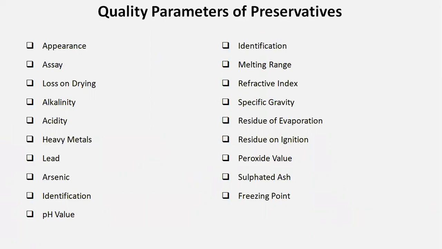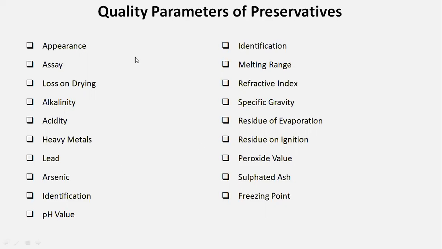The procedures to perform all these tests were already discussed in unit 2, and also in unit 4. Basically, these parameters are a combination of physical analysis, chemical analysis, as well as instrumental analysis.